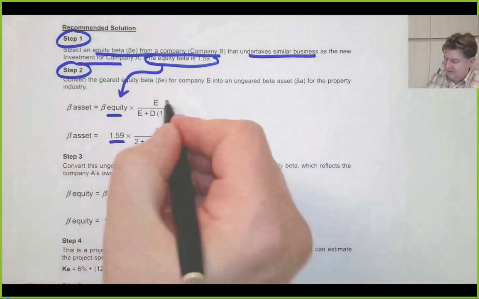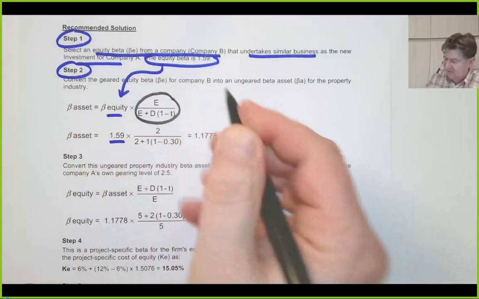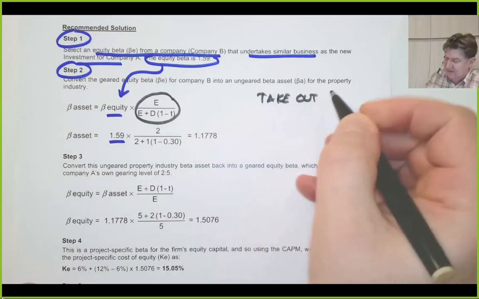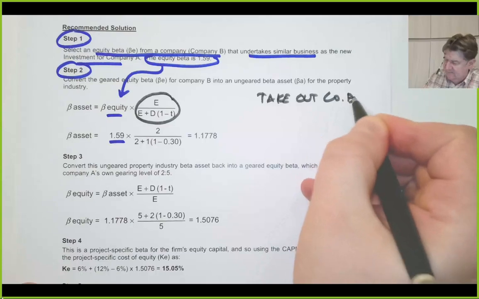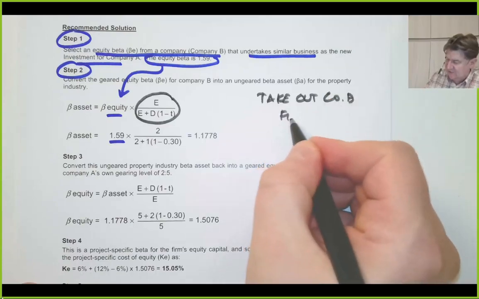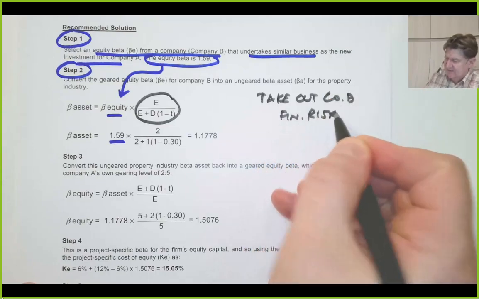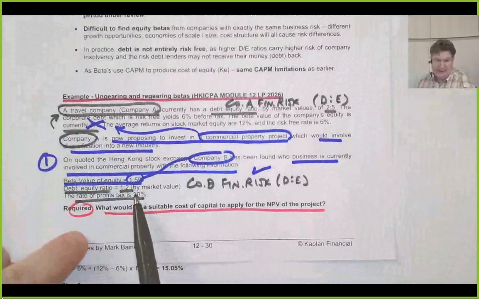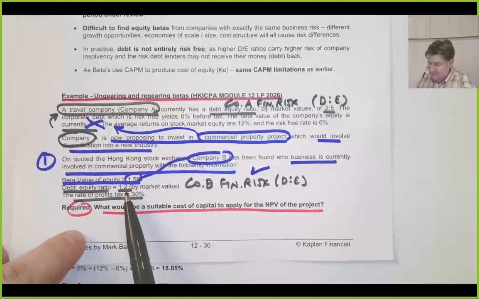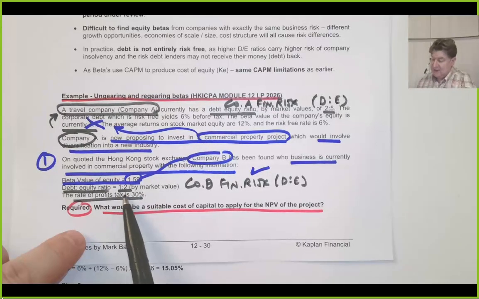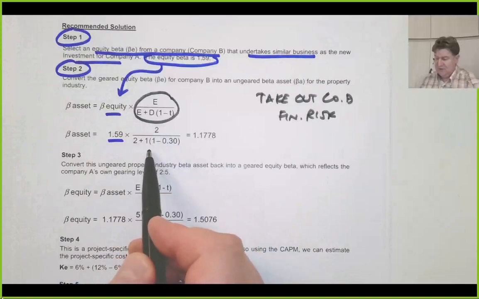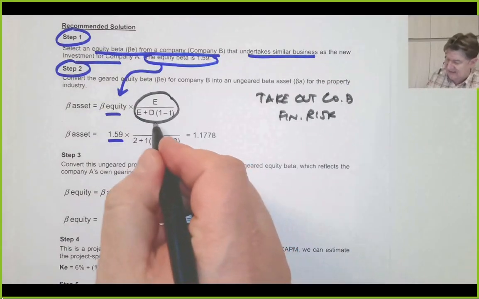Then in this part of the formula, we're going to take out company B's financial risk. Notice in the formula we're using company B's debt to equity: debt is the first one, 1, and on the top line we want equity, 2. So 2 divided by 2 plus 1(1 minus t).